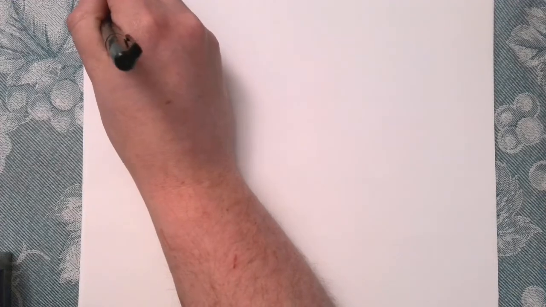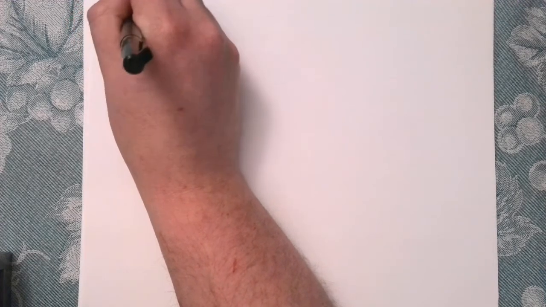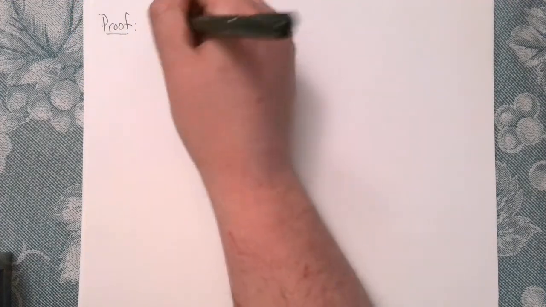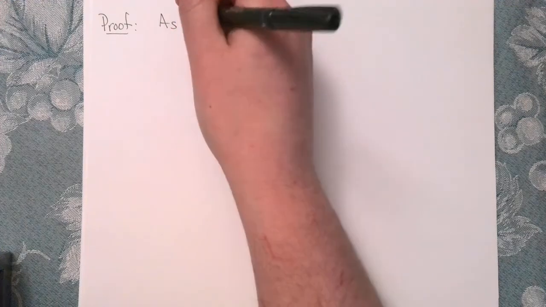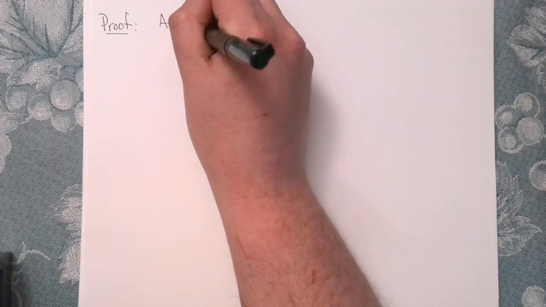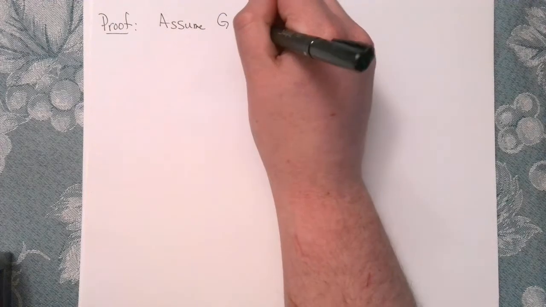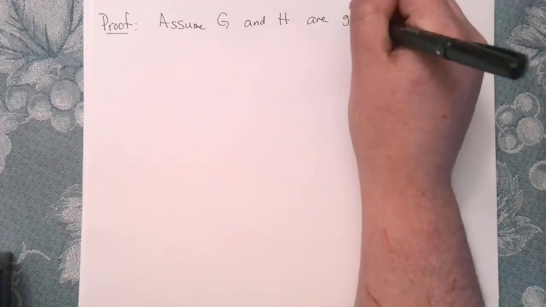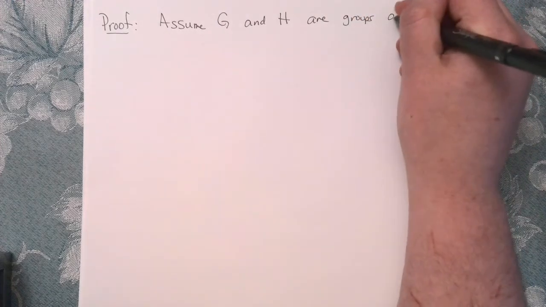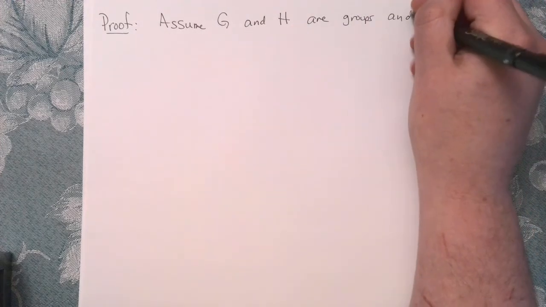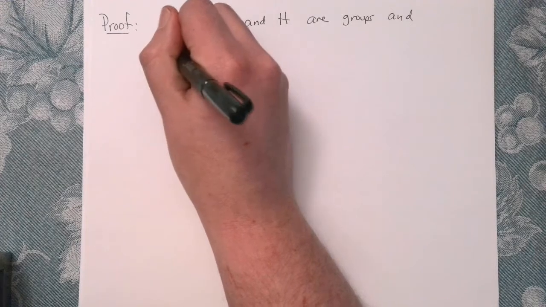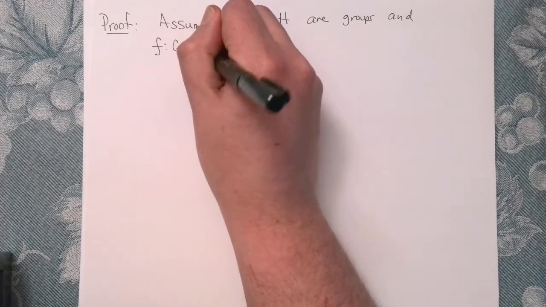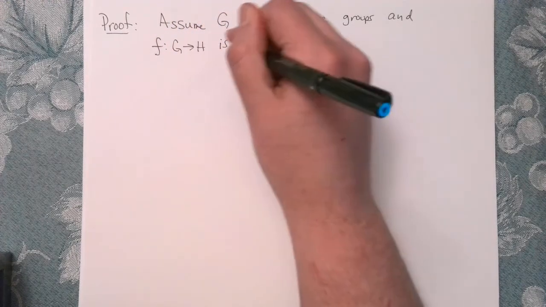All right, so let's go with the group theory proof first. And of course, we want to assume that G and H are groups. And also, this map F from G into H is a homomorphism.